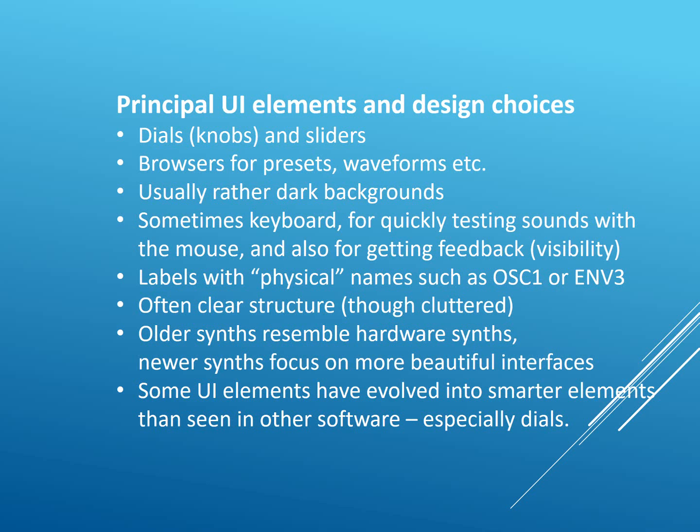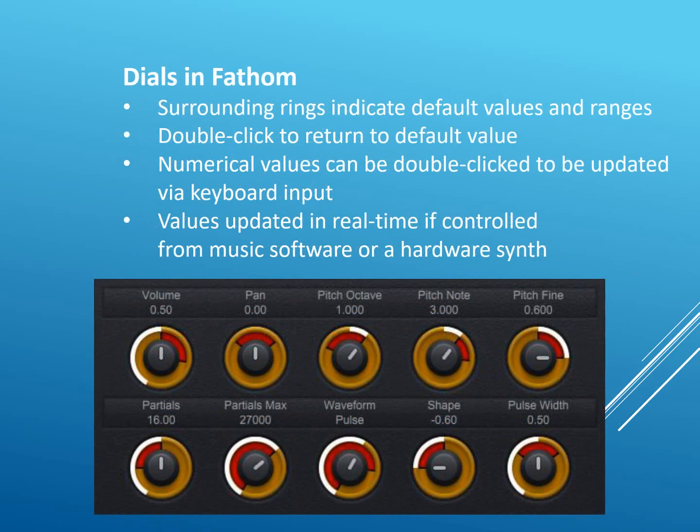Some user interface elements have evolved into smarter elements than you can see in other software, and this is especially true for dials. Like here in Fathom, a new synth, where you have the surrounding rings, and these indicate default values, the white one.